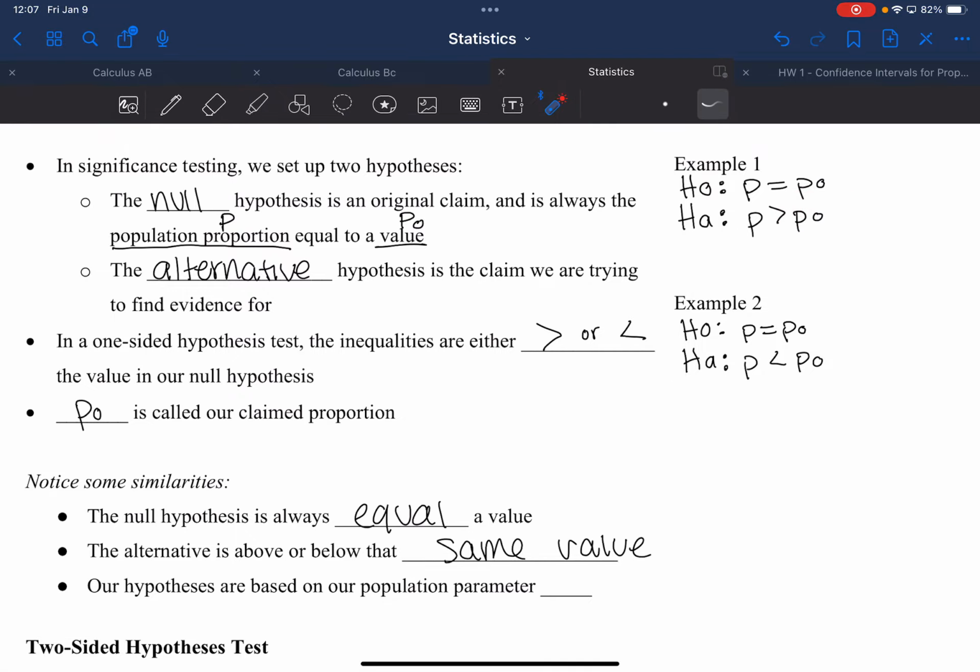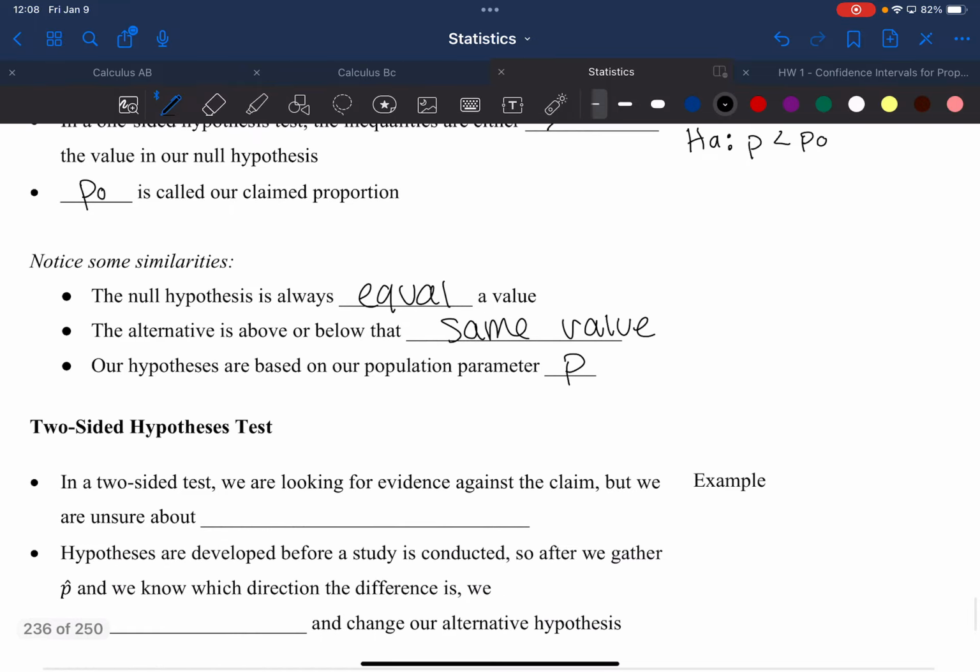P naught is representing the same number. So we could say P is equal to 0.2 and then P is greater than 0.2. Those numbers don't change. And then lastly, our hypotheses are based on our population parameter P. But do we always know P? No, so sometimes we have to use our estimate, which we call P hat.